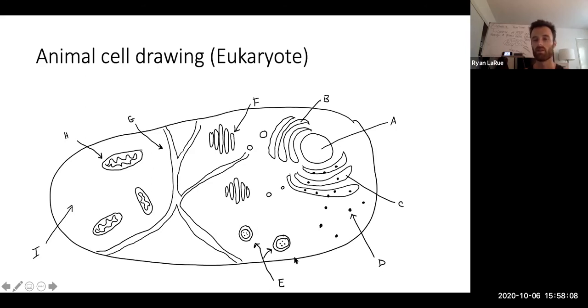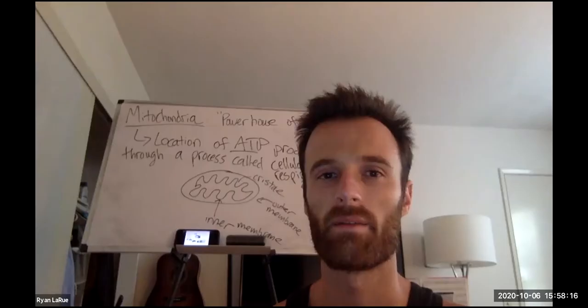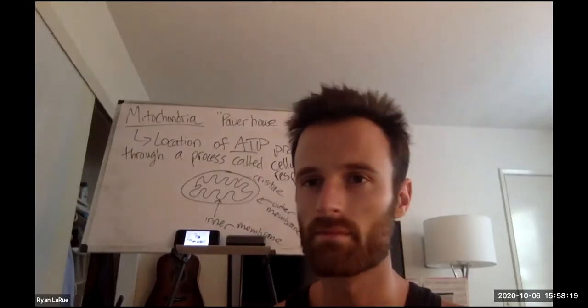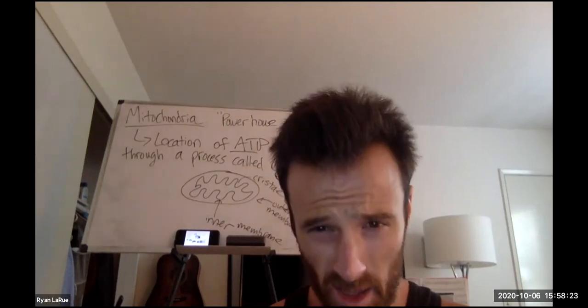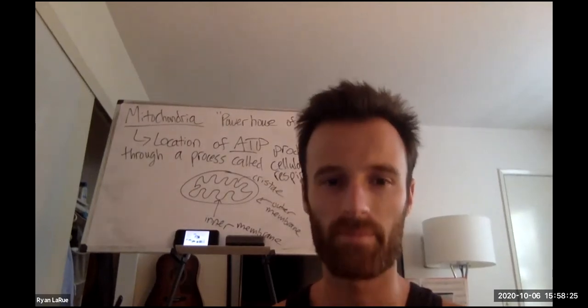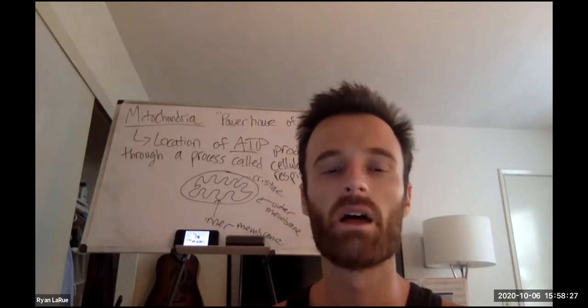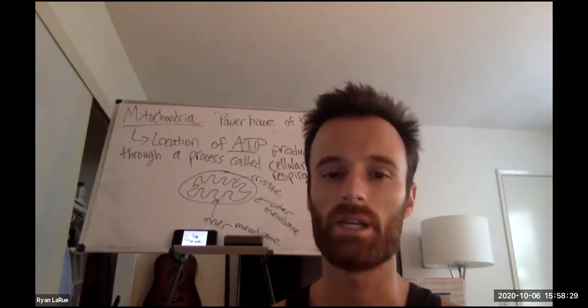Just those sacks with the digestive enzymes inside. Awesome. D is ribosomes. Yeah, D was ribosomes. Yep. F was the Golgi complex.